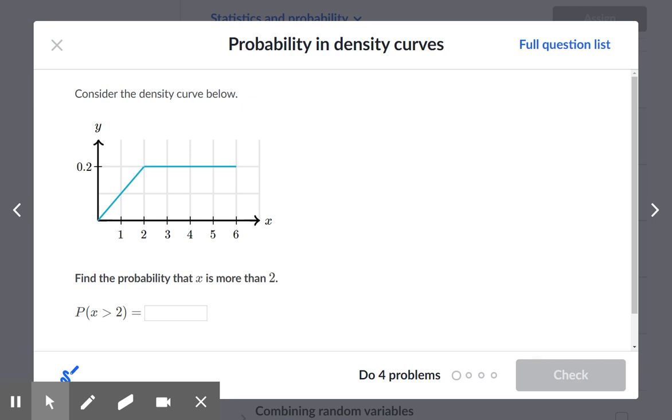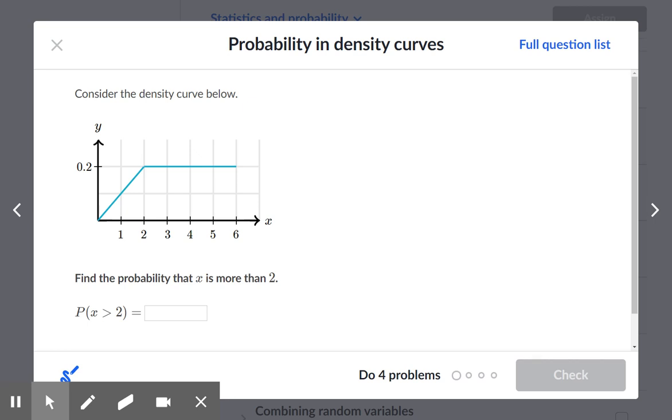The area of a rectangle is length times width. And here the length is from 6 to 2. Length is 6 minus 2, which is 4, and you can also count 1, 2, 3, 4.